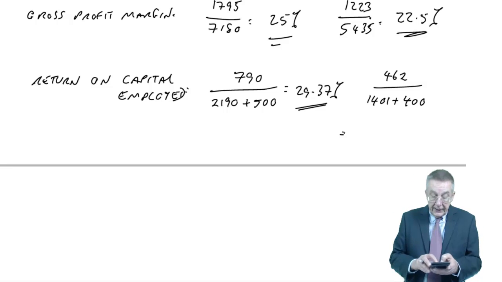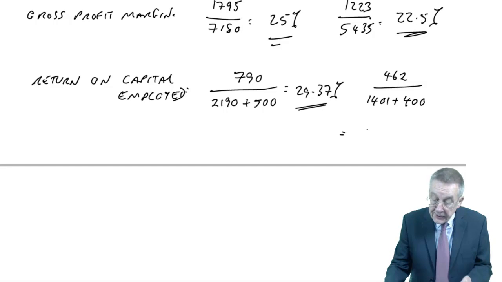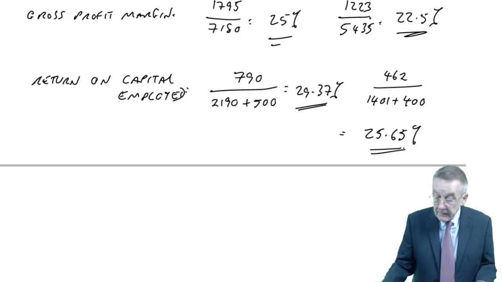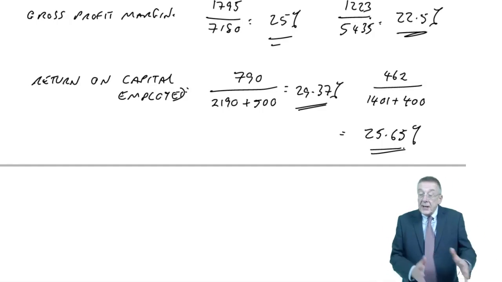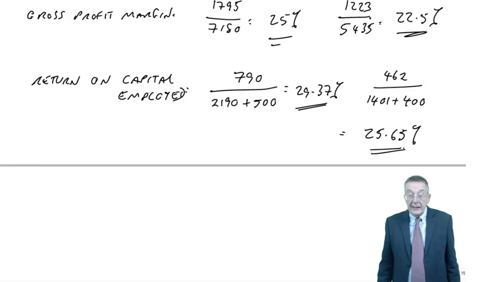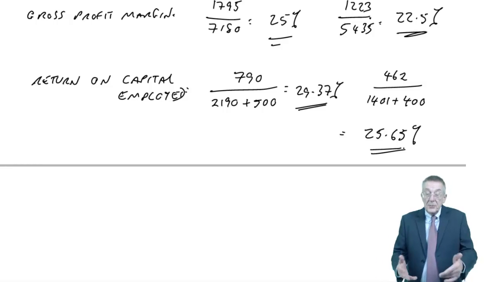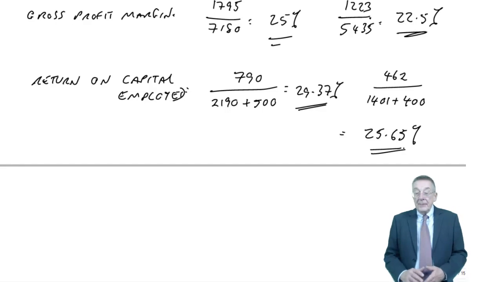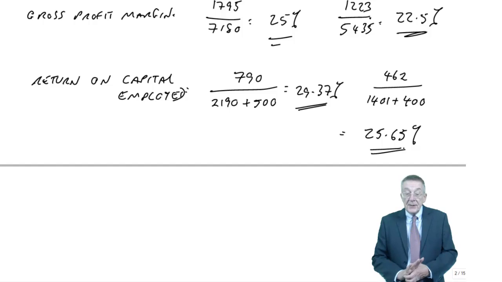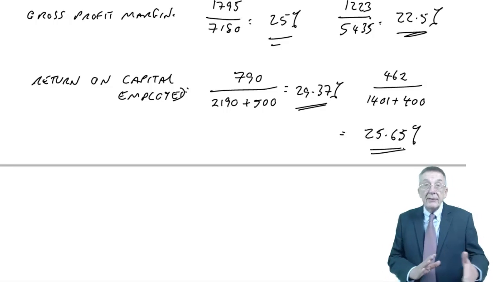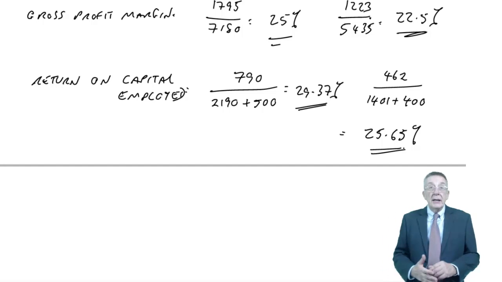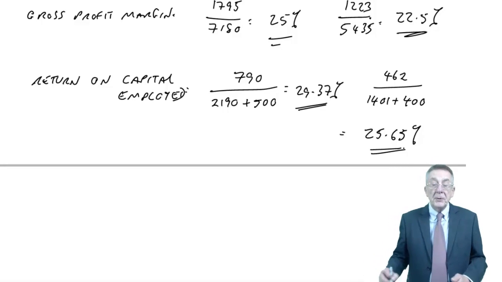So the profit 462 divided by 1801 is 25.65%. And so the business is quite a lot bigger. The capital's gone up from 1800 to 2700. We'd expect more profit. But in percentage terms, we have actually improved the profitability, 25 up to 29.